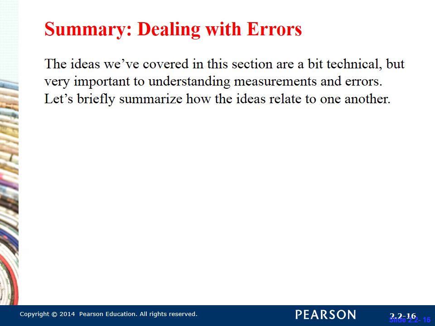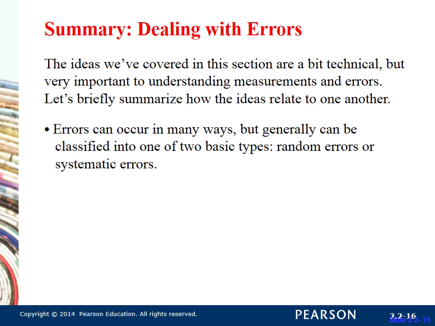Tells you precision. So when we're dealing with errors, we've covered quite a bit of technical information, but it's important to understand those when you're doing measurements and errors. So let's summarize how these things all go together. All right, so these errors can occur in many ways, but they're basically classified as either random, if there's nothing we could do about it, totally unpredictable, or systematic, which happens the same way every time.